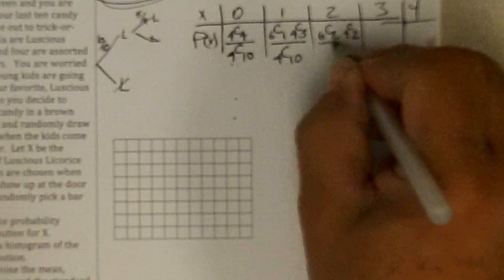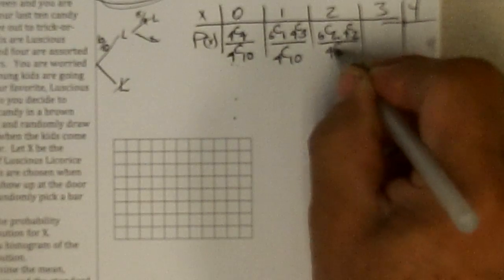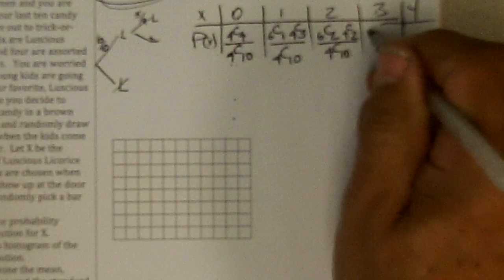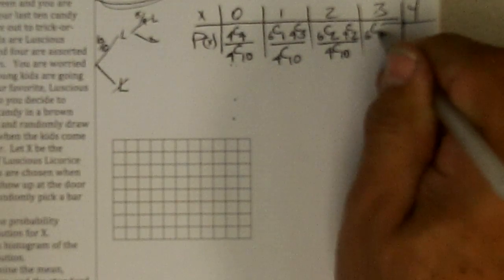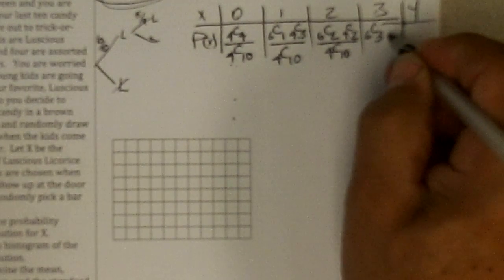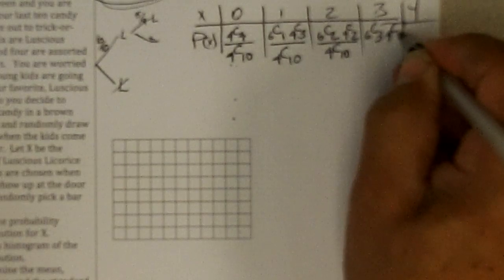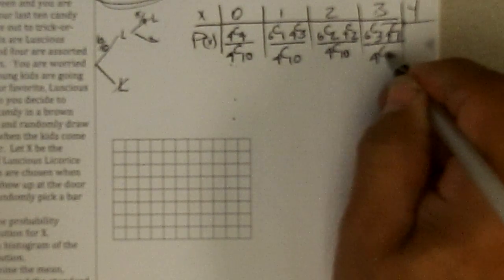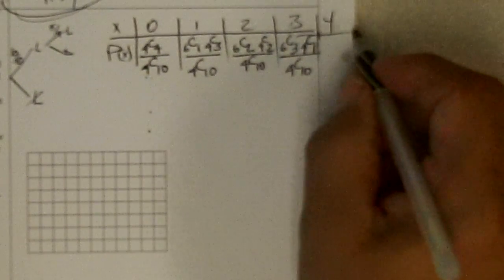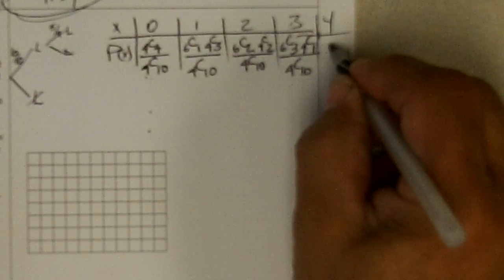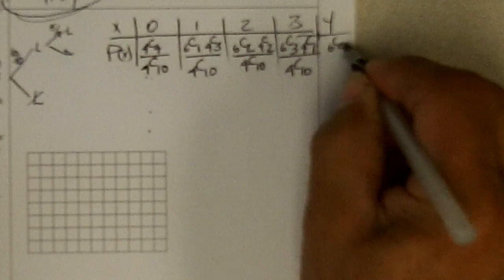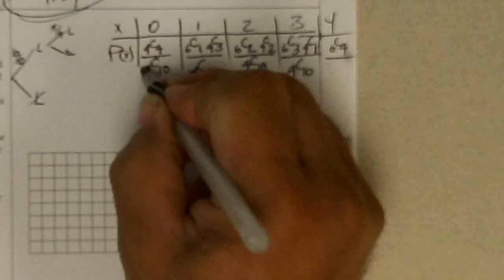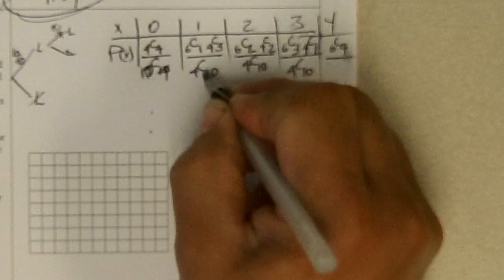That would be the 4, out of 10 choose 4. And then from the 6, choose 3 luscious licorice, and from the 4, choose 1 non. That would be the total of 4, out of 10 choose 4. And finally, choose all luscious licorice, 6 choose 4, out of 10 choose 4 on the bottom.